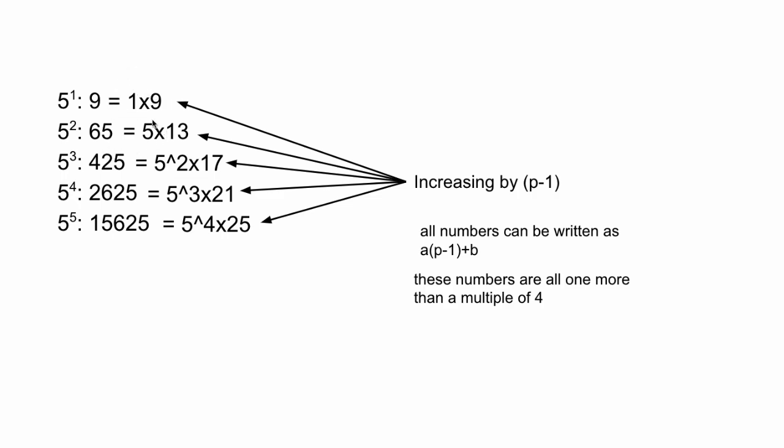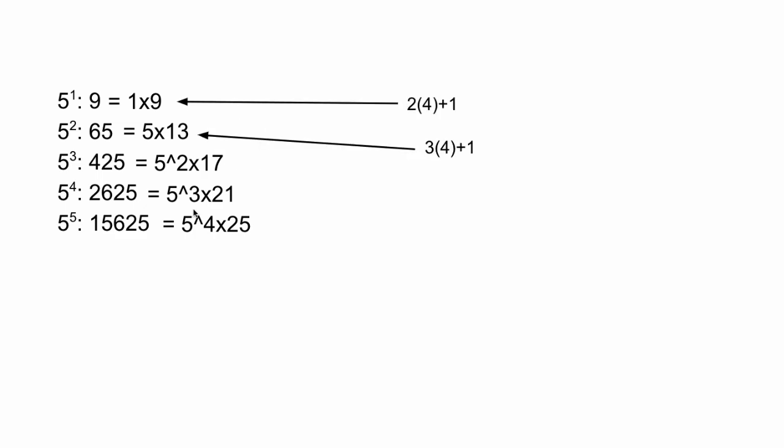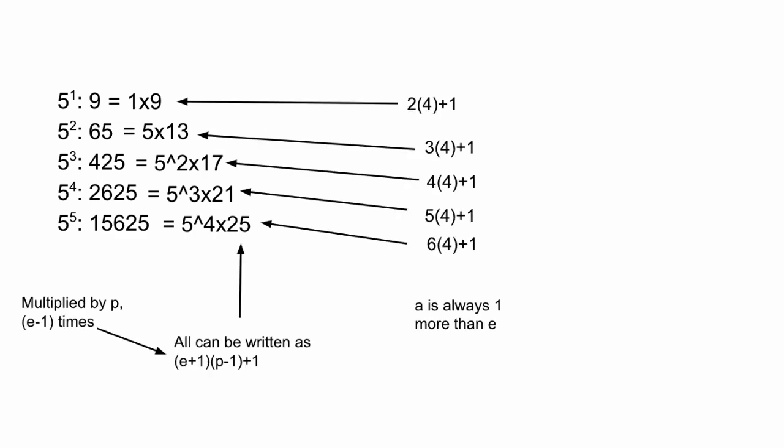Here it's being multiplied by 5 1 time, and then 2 times, 3 times, 4 times. And then we see that the number of times these numbers are being multiplied by p is always one less than whatever the exponent is, right? So we can say that this is all being multiplied by p to the power of e minus 1.